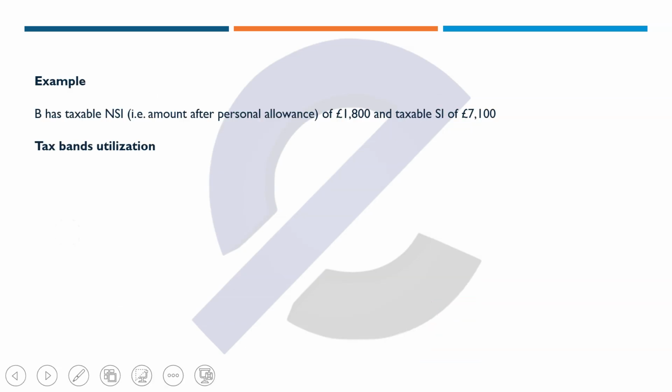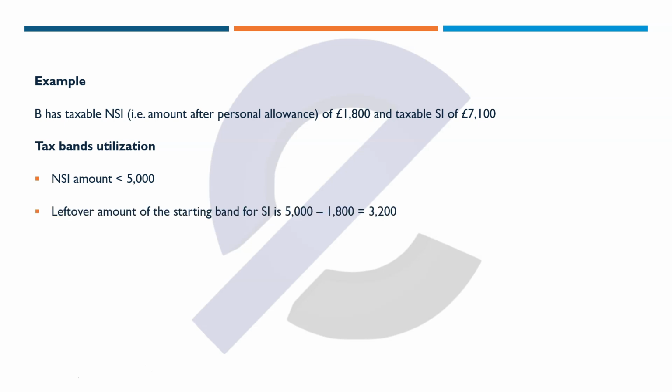So we now move to the savings income and we consider two things. First, is the savings income amount part of the first £5,000 of total taxable income? In this case, the answer is yes, because the non-savings income taxable amount is less than £5,000. So £3,200 of the first £5,000 is still available to be covered by the savings income.